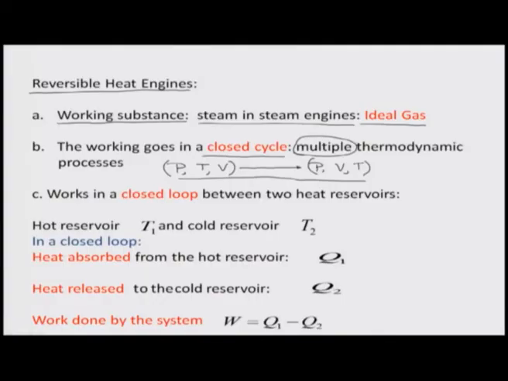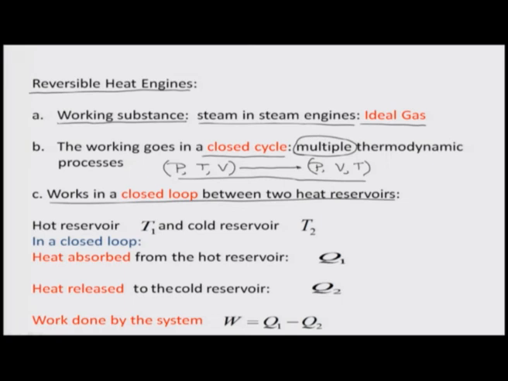So, I have a working substance. This working substance goes in a closed cycle, that is multiple thermodynamic processes. I start from P, T, V, I should come back to P, T, V. It works in a closed loop between 2 heat reservoirs. So the engine assumes the existence of 2 heat reservoirs.